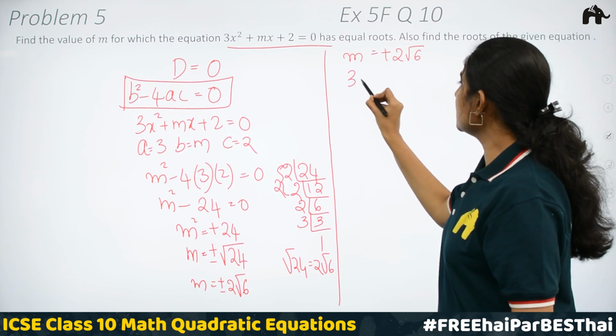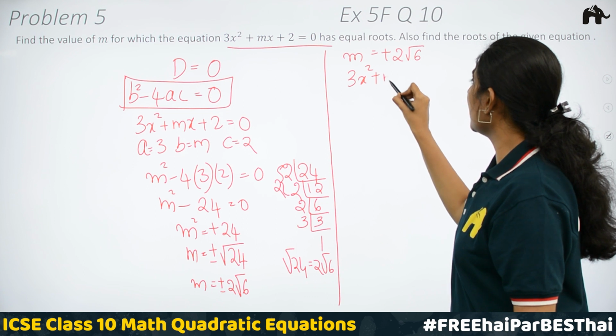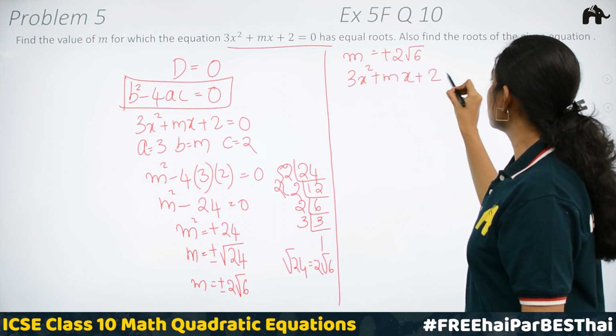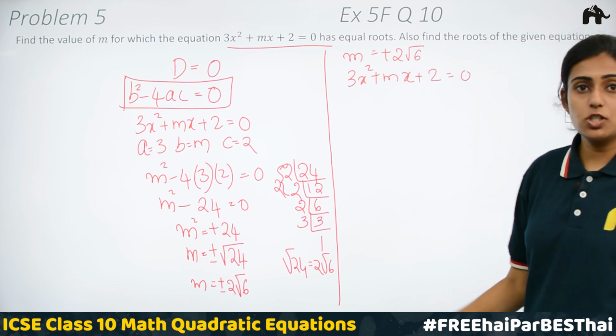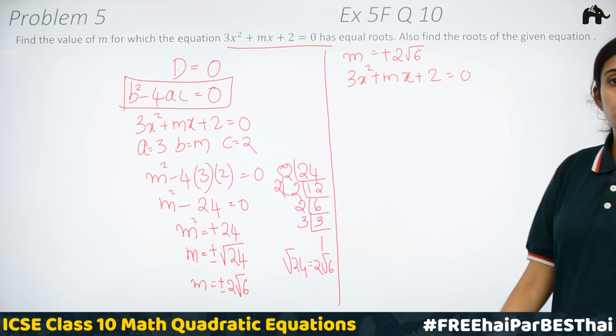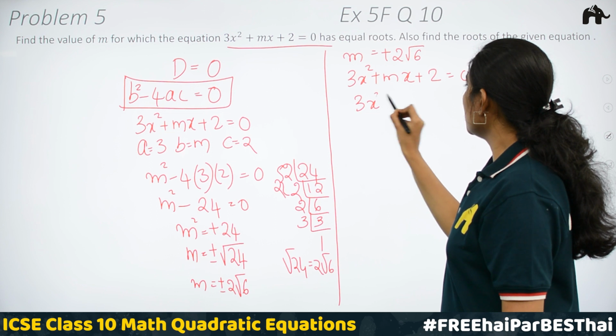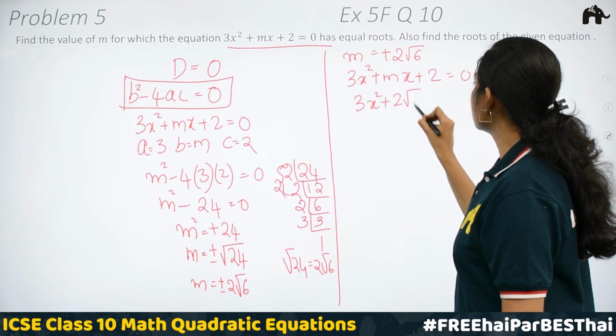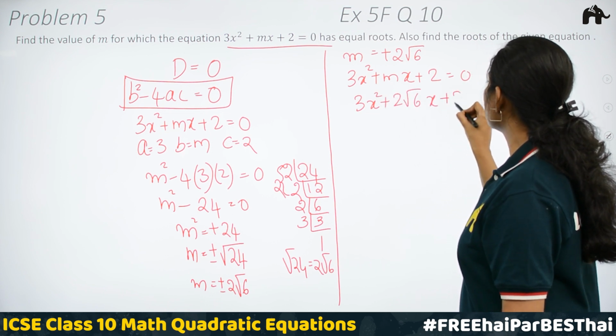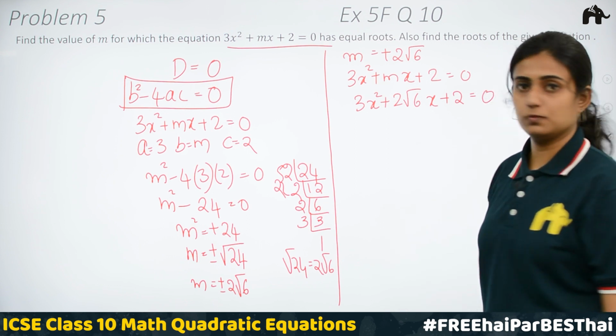The equation is 3x square plus mx plus 2 is equal to 0. Now substitute m is equal to plus 2 root 6: 3x square plus 2 root 6 x plus 2 is equal to 0.